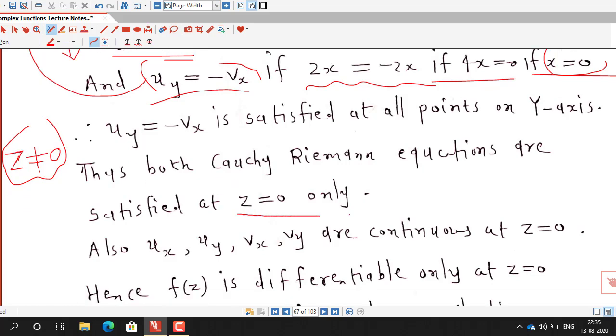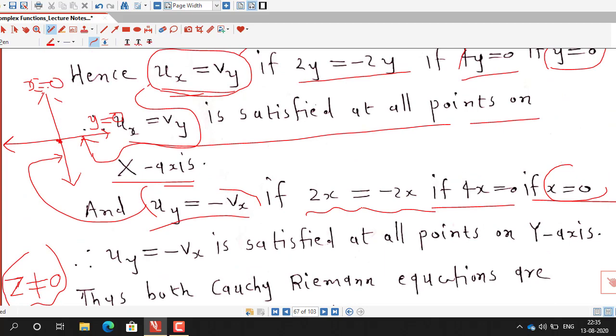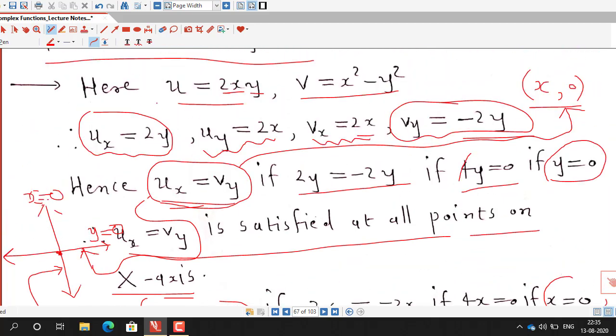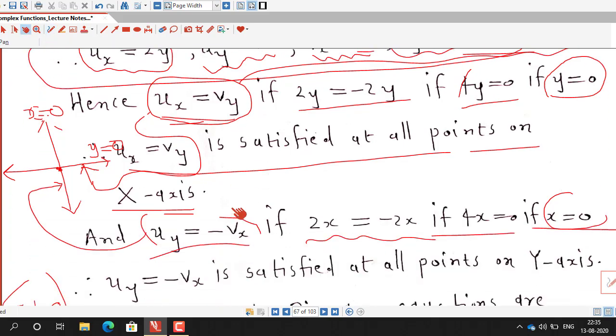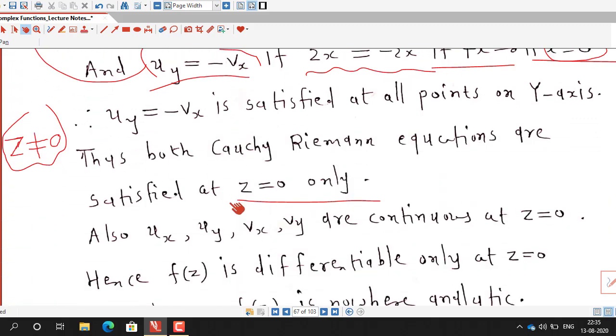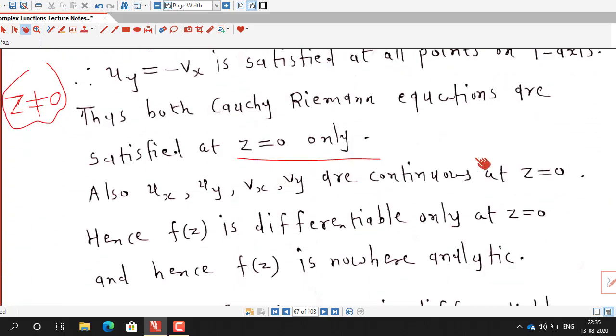Now at z equal to 0, we have to check continuity condition. So obviously all the partial derivatives are polynomial functions and they are continuous at every point. Therefore they are continuous at z equal to 0 also.